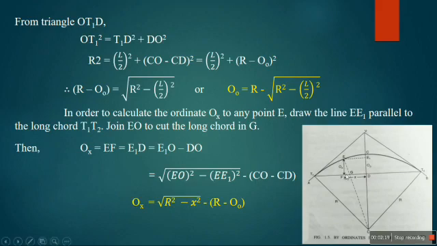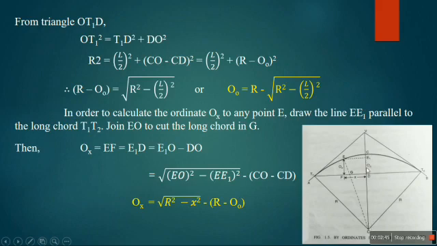OT1 is the radius of the curve, so R square equals T1D square. The distance T1 to D is L by 2, half of the chord length, so L by 2 whole square. DO we can write as CO minus CD.